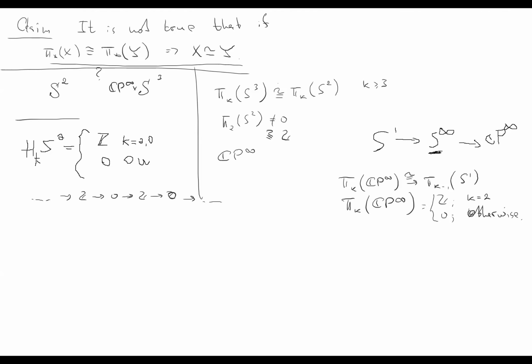This is 2k, 2k minus 1, 2k minus 2, etc. Is it clear?